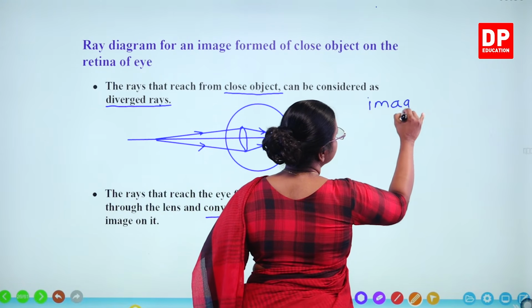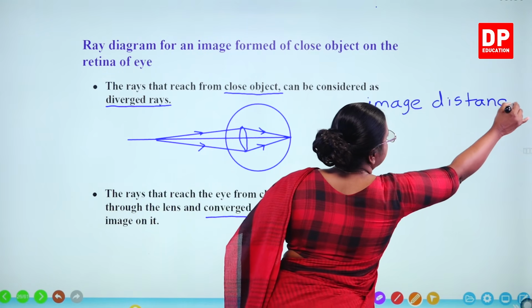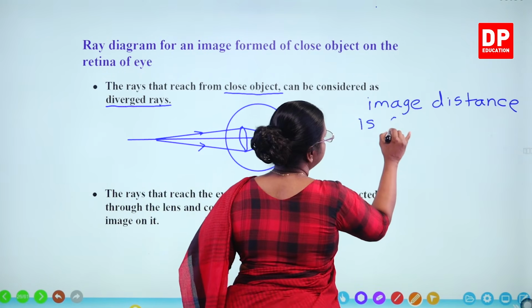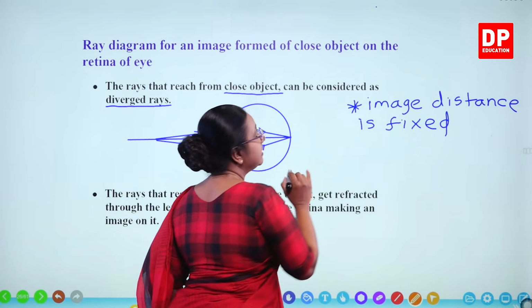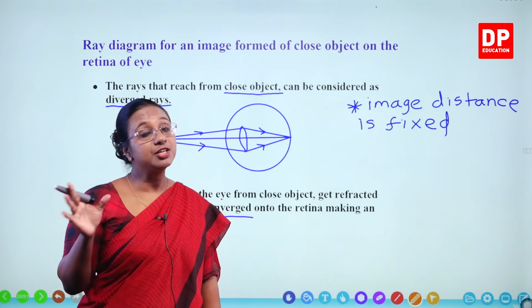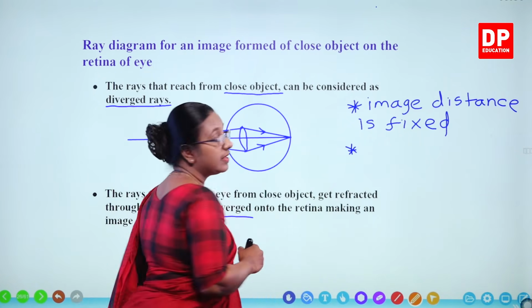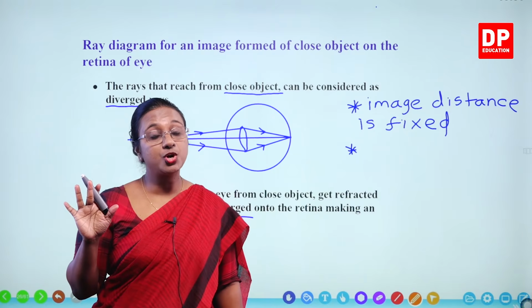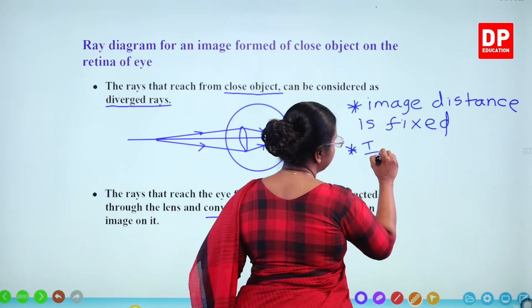Image distance is fixed. The distance between the lens of the eye and the retina cannot change. So that is fixed. And the image that forms on the retina, what are the properties or characteristics of the image? I told you all it is an inverted image.